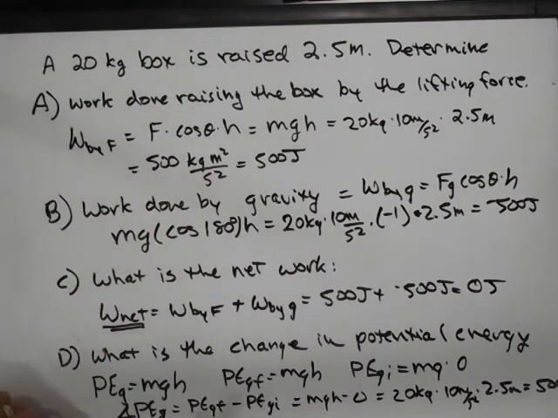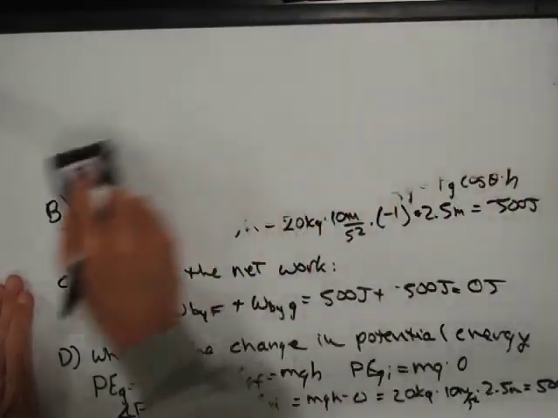And so as gravity does more negative work, the potential energy increases. And so this is our formula for potential energy, where h is how high it is. I've got another part, so that was D.